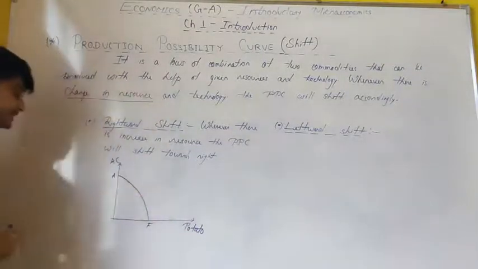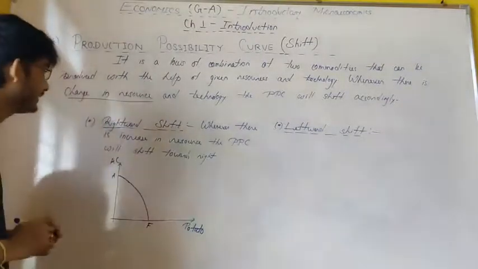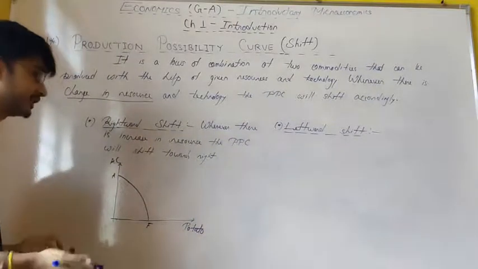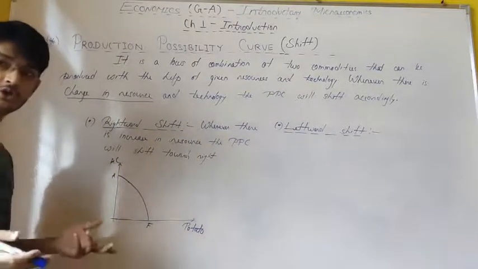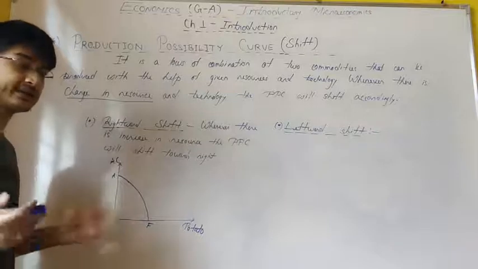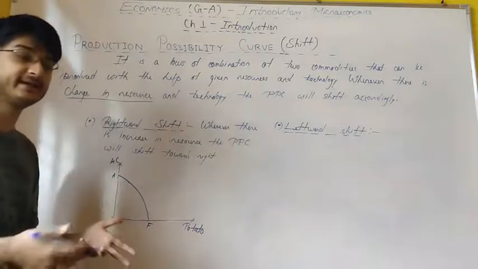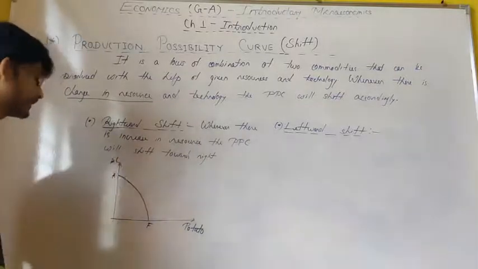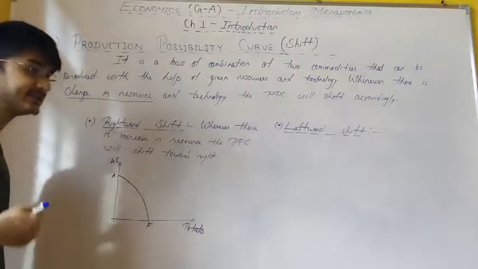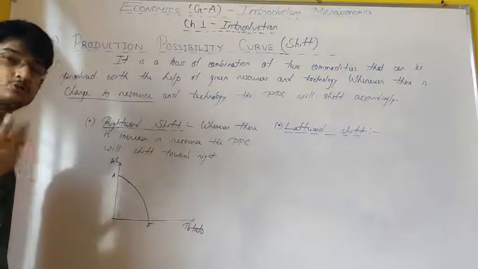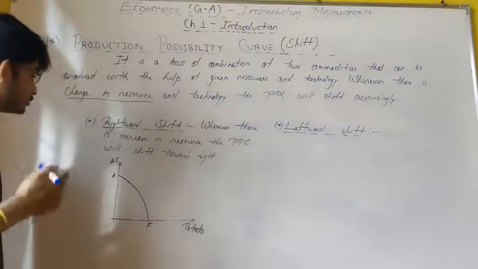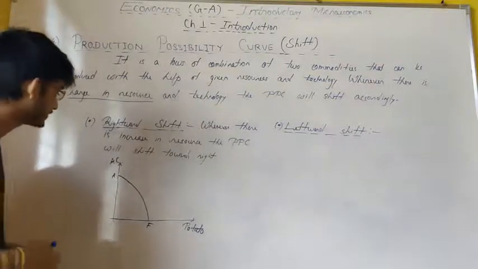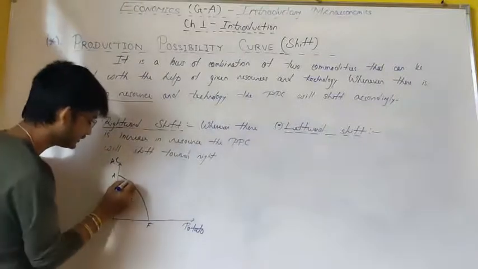Now what has happened is that there is some increase in resources, in the form of a new discovery of resources, or in the form of a new technique of production being invented, new machineries being invented, new machineries in the market, or there is some increase in skilled labor force, and so on and so forth. So what will happen with this increase in resource and technology?